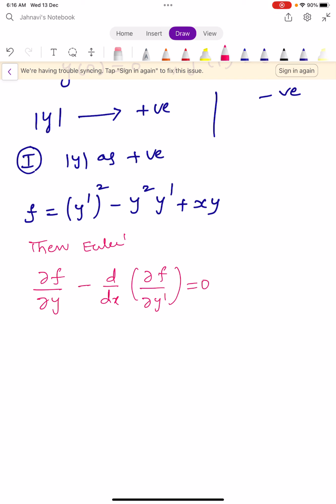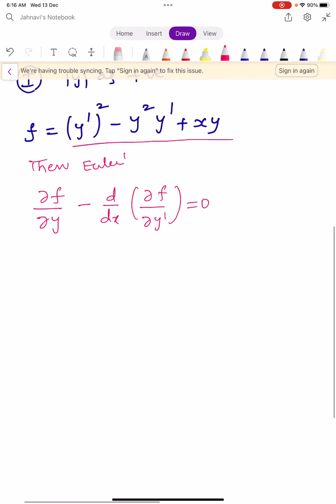So whenever mod y is positive, f becomes y dash square minus y square y dash plus xy. Here f is there, so you can calculate dou f by dou y.